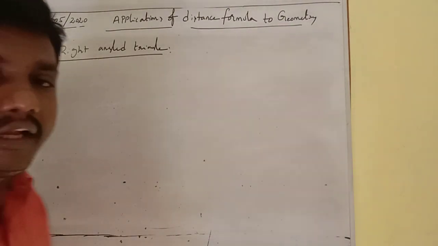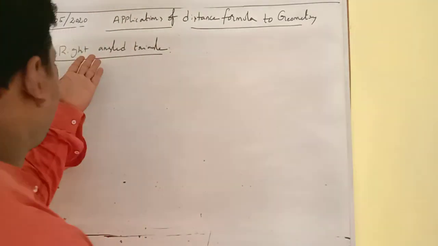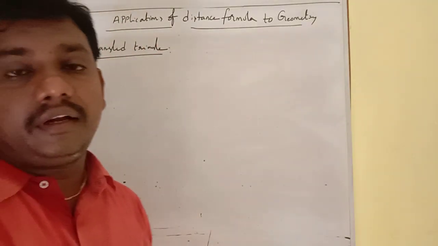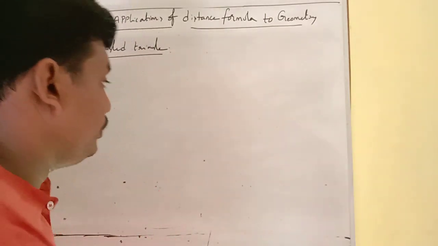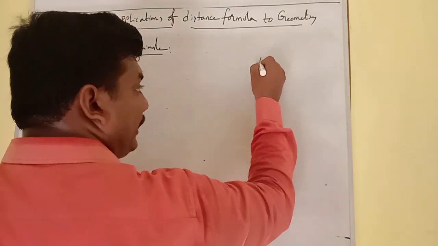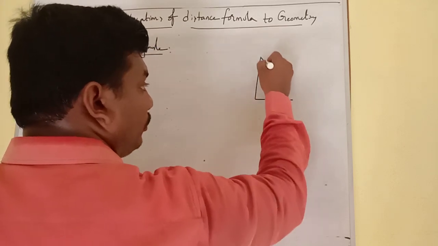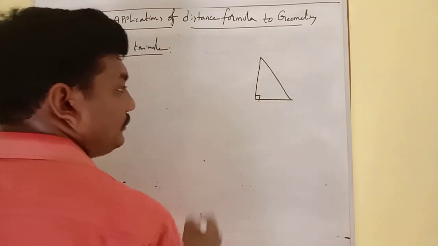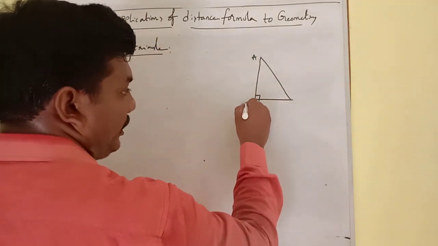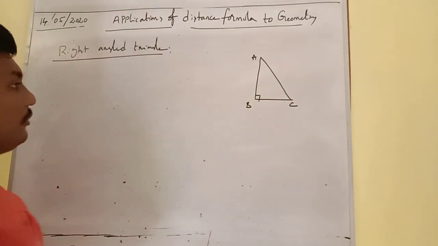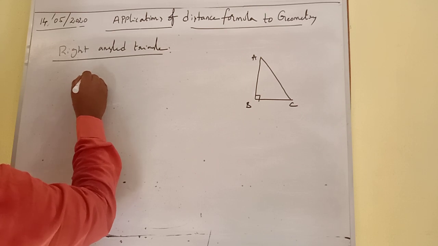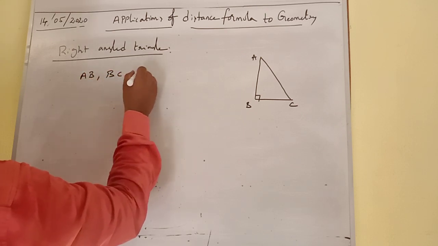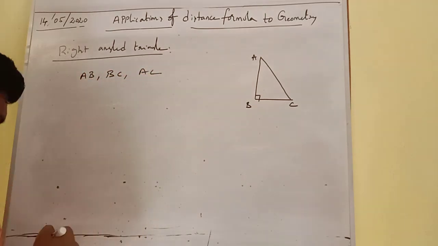One more point we have to discuss is the right angled triangle. How to find whether a given triangle is a right angled triangle or not. Whenever it is a right angled triangle, we know the very famous theorem, the Pythagoras theorem. If you take A, B, C here, we have to find all the three distances, that is AB distance, BC distance and AC distance.